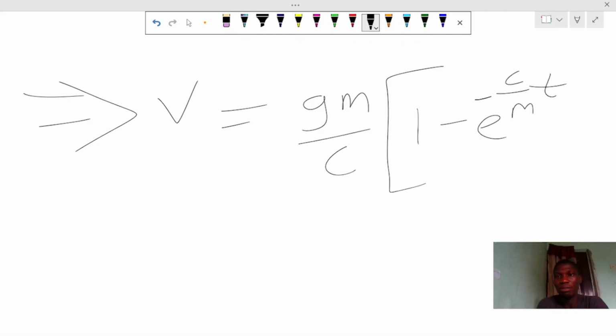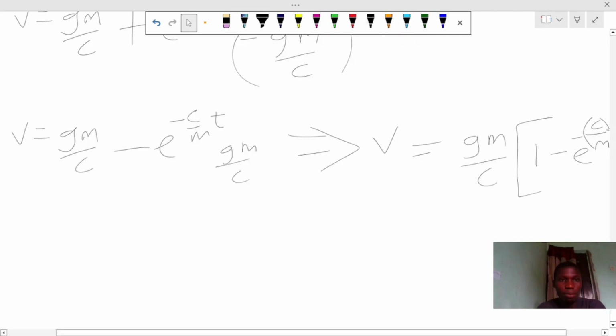This is negative, yeah, this is what we're going to have. So look at it to be sure. We factor out gm from here, we're going to have 1 left, that's the 1, then a negative sign. Factor out gm from here, we have this part left, and that is it.